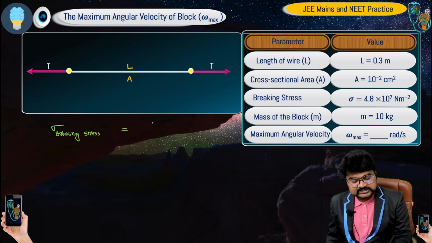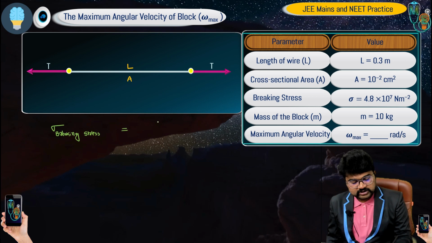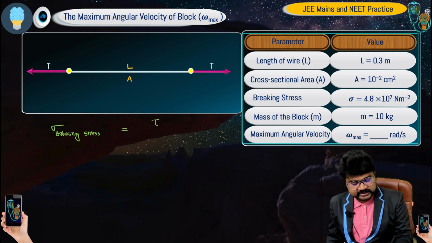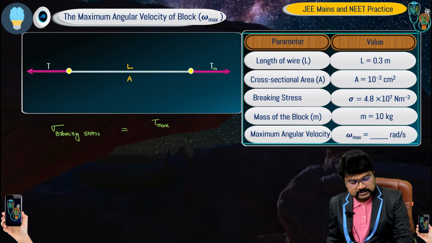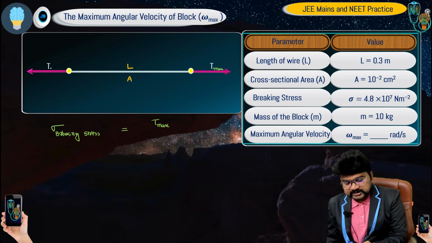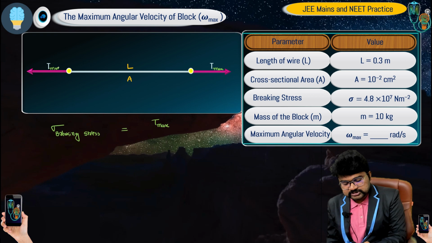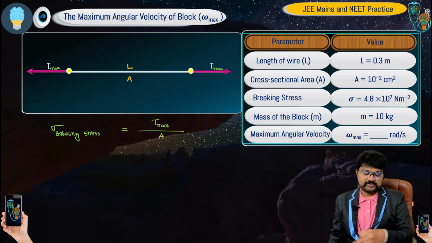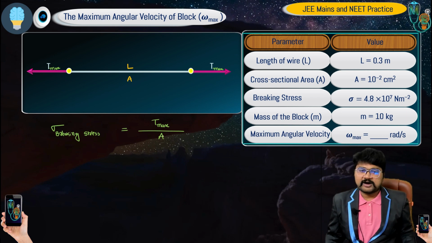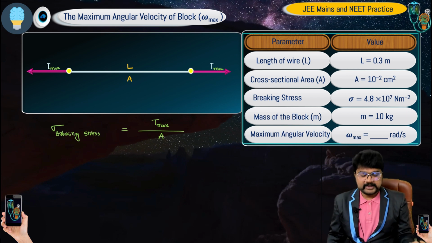So what is the load acting? The load acting is the maximum tension. Maximum tension is induced, divided by area of cross section. From here you will be getting area of cross section, sigma breaking.